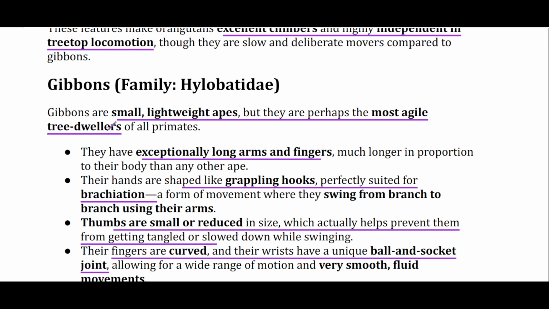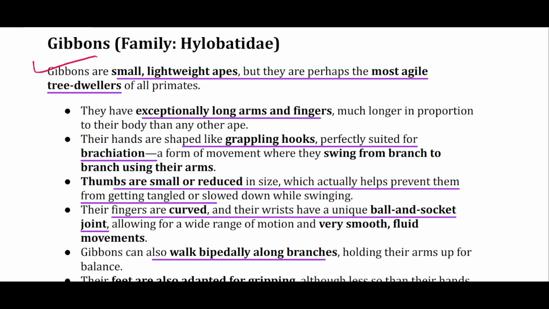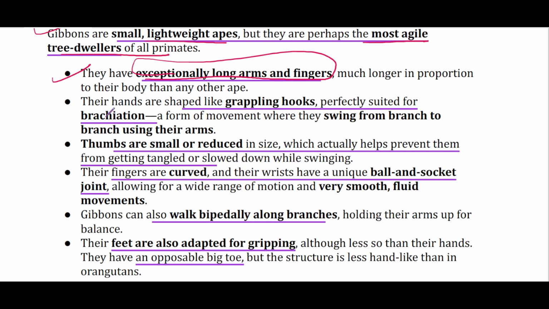Now, gibbons. Gibbons are small, lightweight apes, but they are perhaps the most agile tree dwellers of all primates. That's why they are known as true brachiators or the most acrobatic of all primates. They have exceptionally long arms and fingers, and their hands, जितने भी brachiators हैं, all of them, they have hands that are shaped like hooks, which are suited for brachiation.